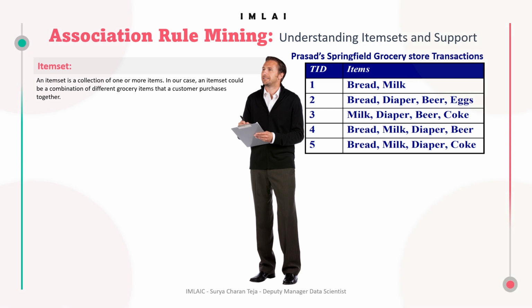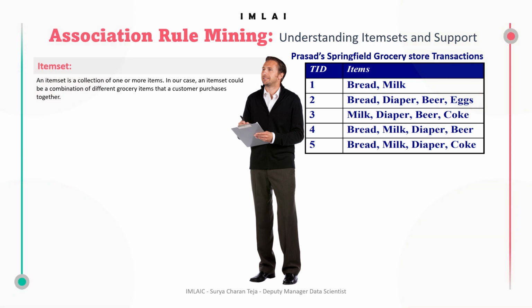So the first one is item set. An item set is a collection of one or more items. In our case, an item set could be a combination of different grocery items that a customer purchases together.